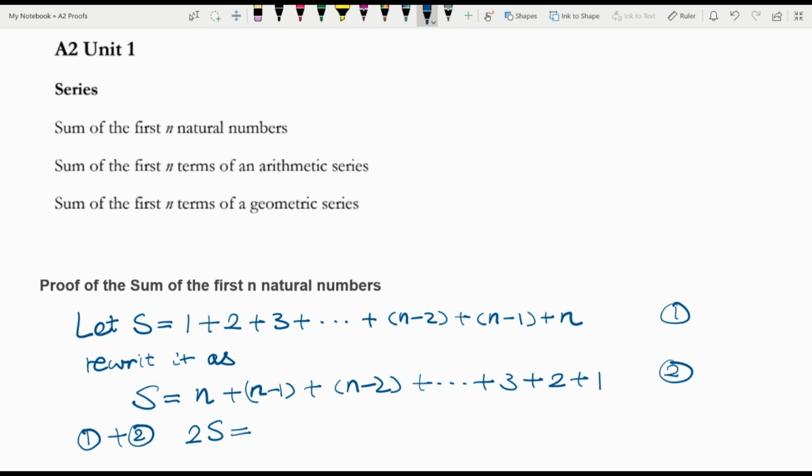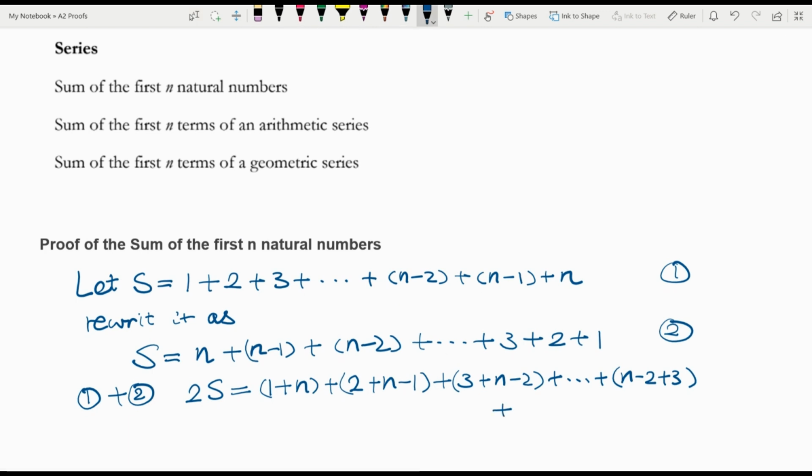The right hand side would be 1 plus n, and then 2 plus n minus 1, and then 3 plus n minus 2, and so on, and then n minus 2 plus 3, and then n minus 1 plus 2, and then n plus 1.